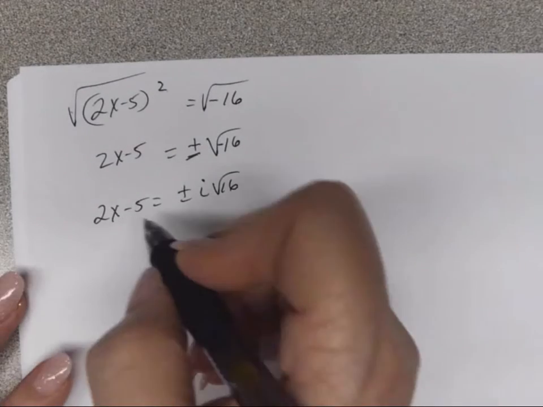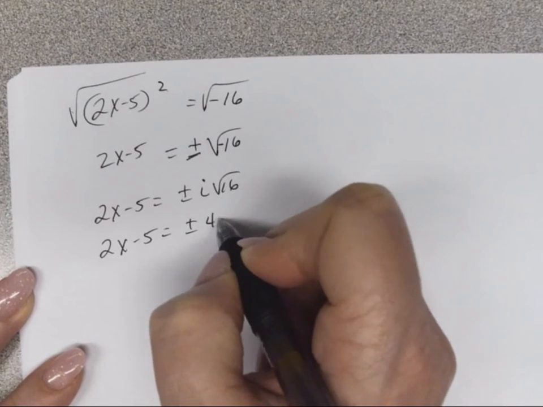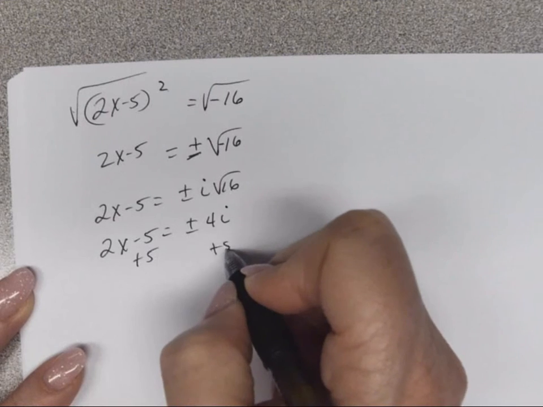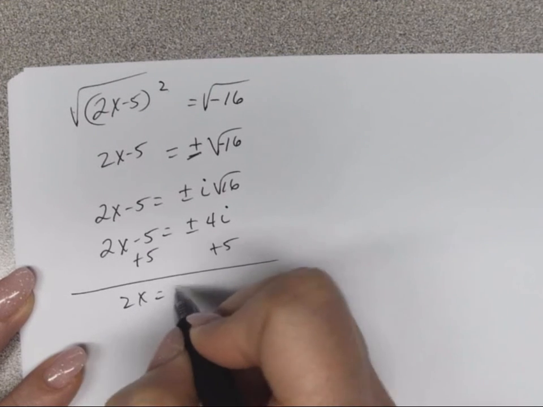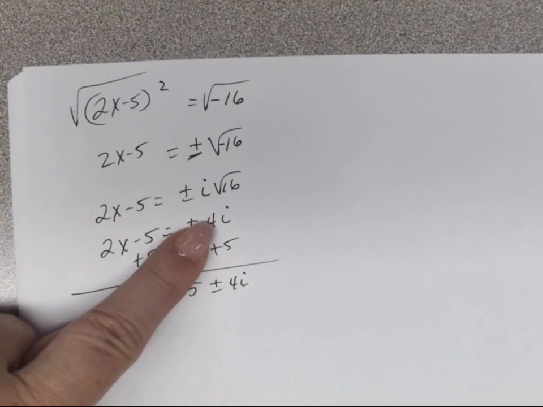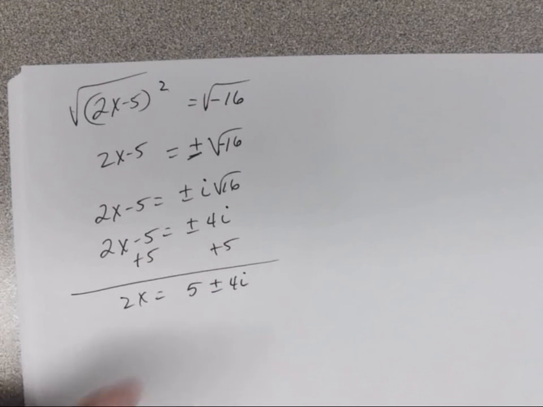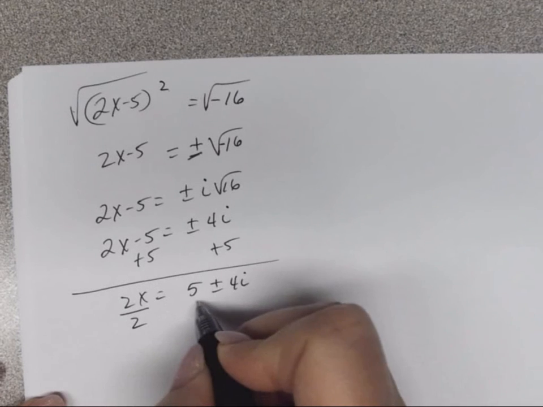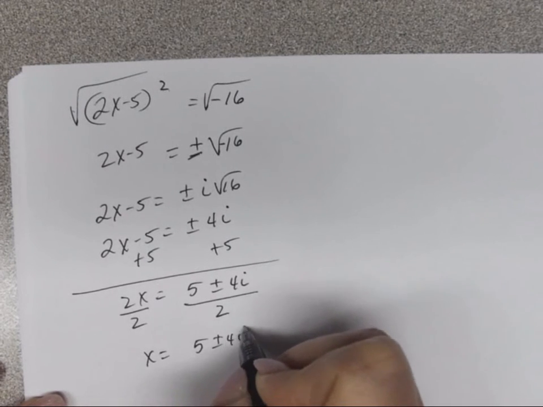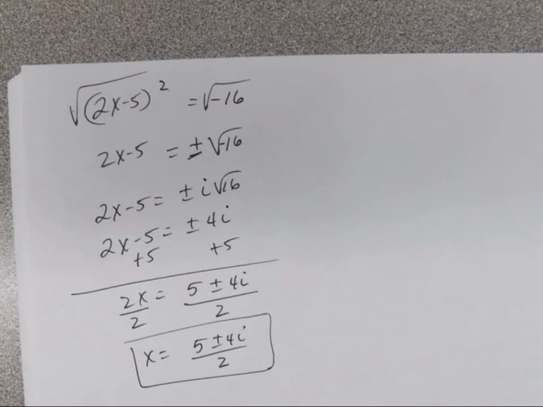The square root of 16 is 4, so 2x minus 5 is equal to plus or minus 4i. We will add the 5 over and get 2x is equal to 5 plus or minus 4i. Again, they can't combine because this doesn't have an i, so it has to stay separated. And then we'll divide by 2. So x will be equal to 5 plus or minus 4i over 2. And that would be our answer.